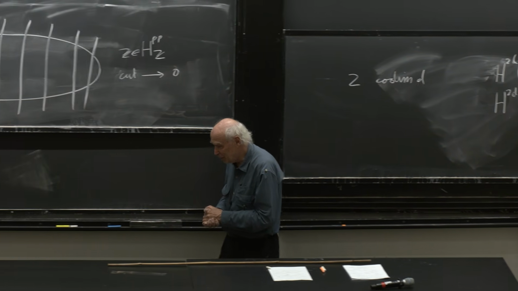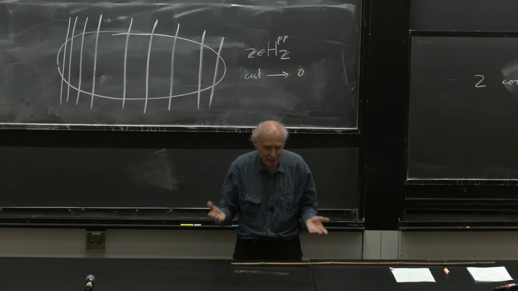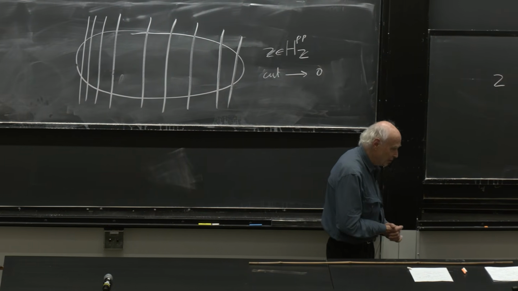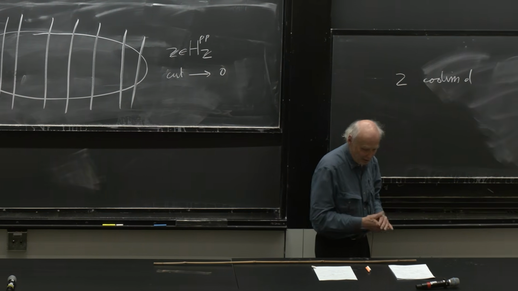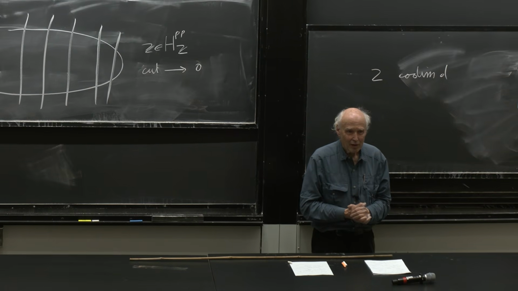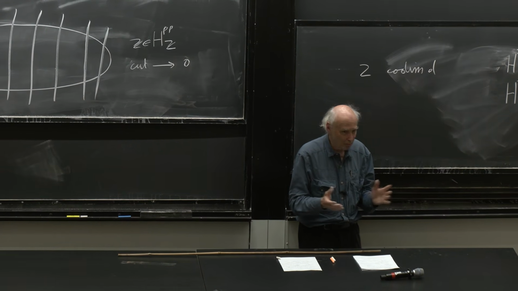Now, the problem is that I would say there are two kinds of algebraic circle one can try to play with. First, there are some obvious ones.